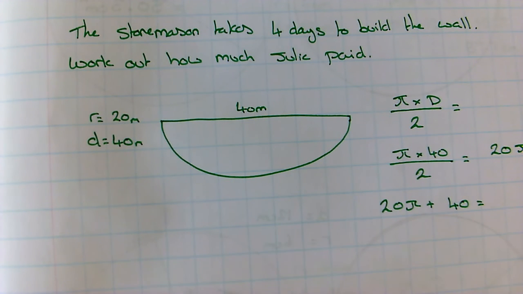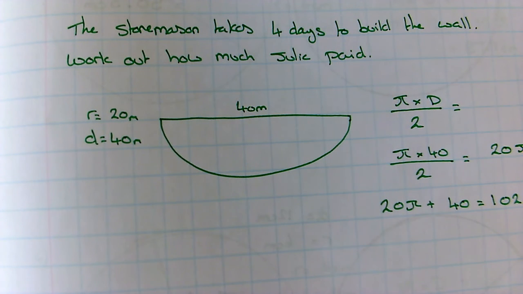If we type that into a calculator, it will give us an answer, and it is 102.83 to 2 decimal places metres, all the way around the outside of this garden.